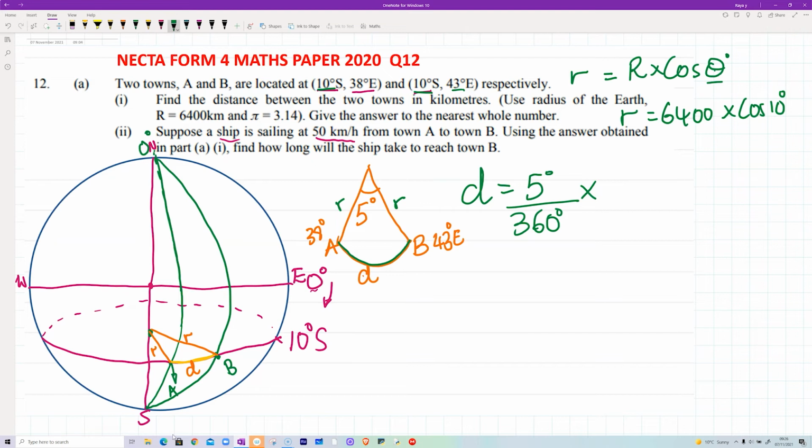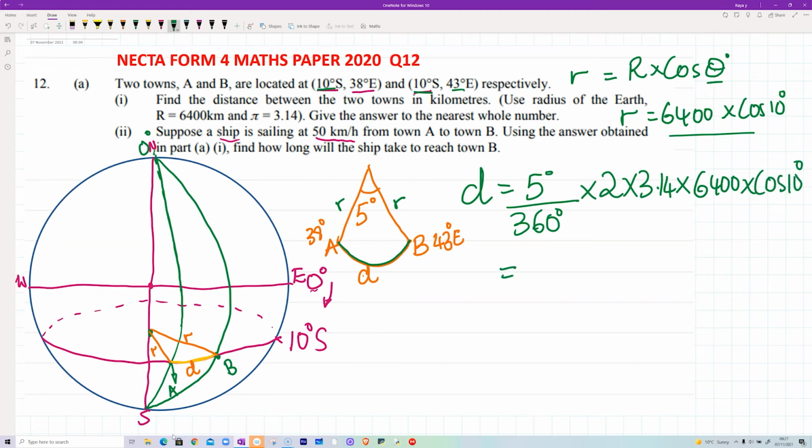Circumference is given as 2 pi r. So that's going to be times 2 times pi, which is 3.14, times the radius of this latitude, which we now know is this one here. So times 6,400 times cos 10 degrees.